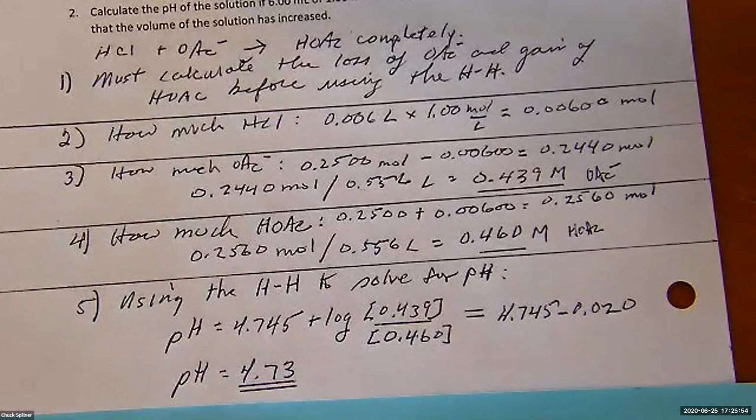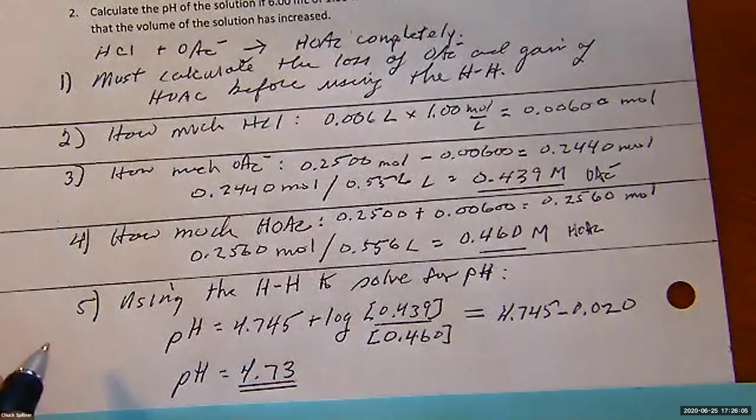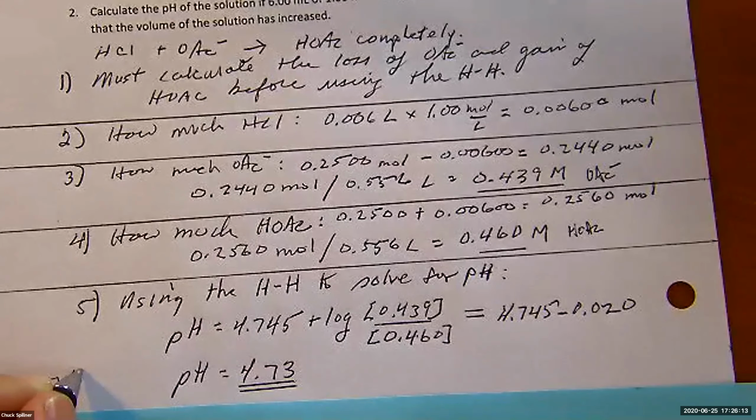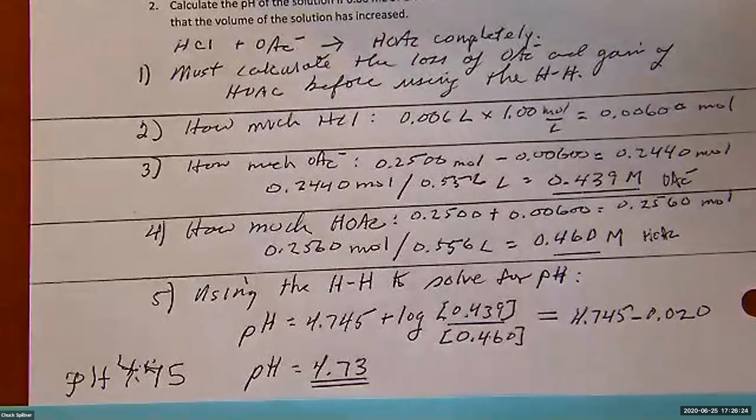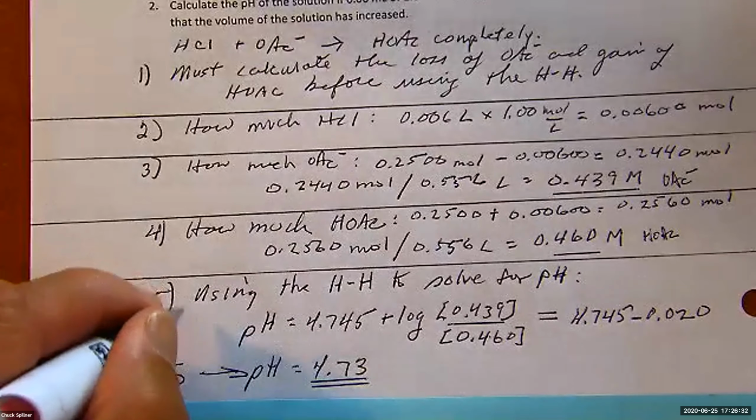If you remember on the last problem, in our buffer solution, the pH was 4.75. So when we added 6 mL of 1 molar HCl, the pH went from 4.75 to 4.73.